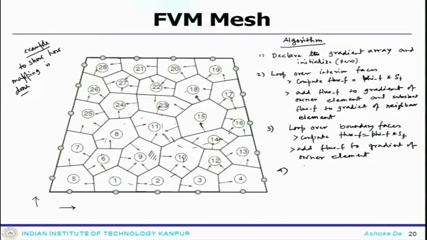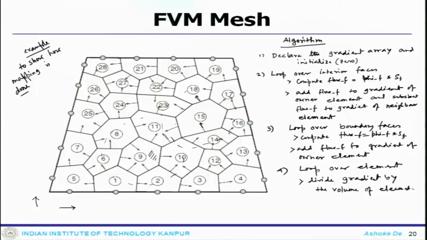Then fourth step, you loop over all the elements and divide the gradient by the volume of the element.